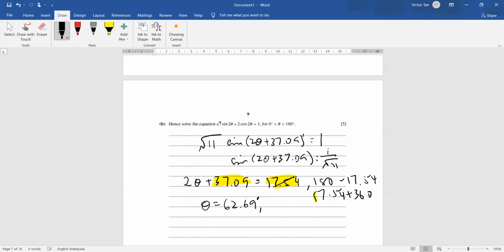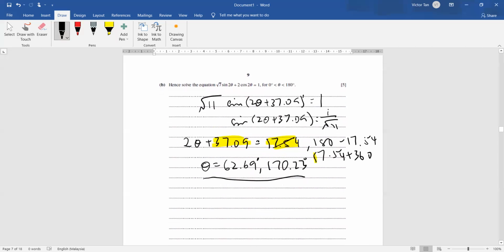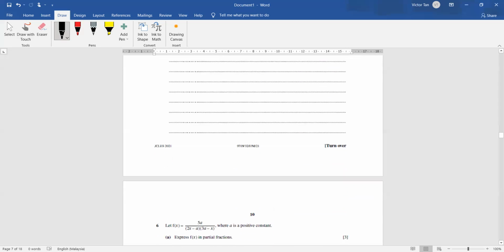The second solution is 17.54 plus 360 minus 37.09, divide by 2. 170.23 degrees. Okay, remember, it's positive values, positive value angle, not negative.